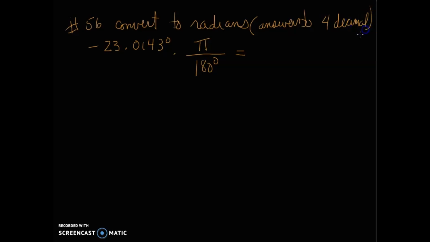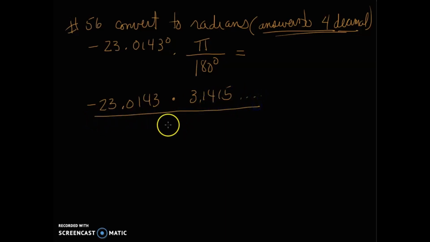On the test, make sure you look for that to see what I've asked for. I think I'll probably ask for this so we all do the same. That means I've got to put all this stuff, the negative 23.0143 times the 3.1415, etc., that your calculator has, divided by 180, because the degrees cancel.